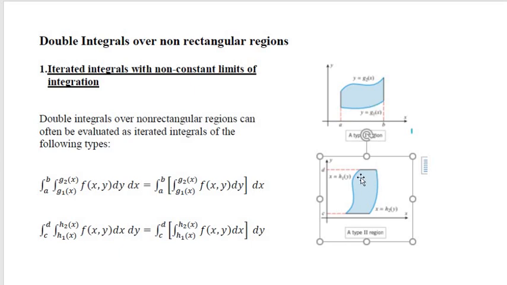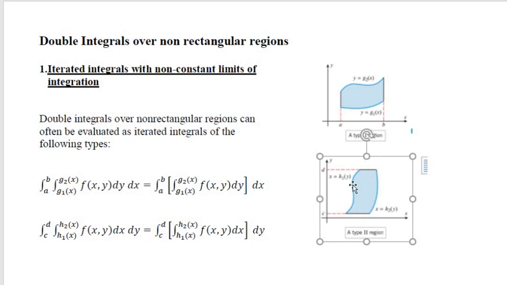Similarly is the case here in case 2. Variation of y is constant, but variation of x is not constant. So to show that variation of x is not constant, draw a horizontal strip inside the region R and move that strip from bottom to top.